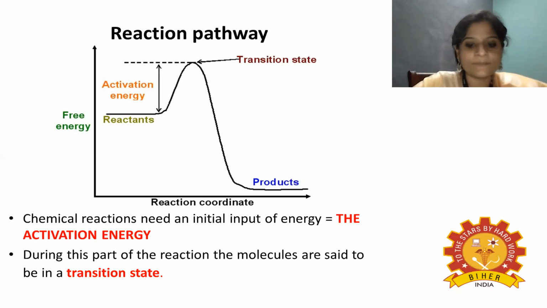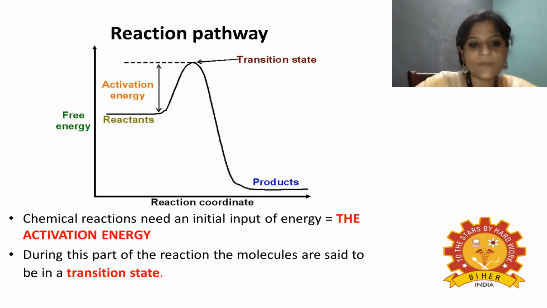The bond between hydrogen and hydrogen needs to be broken, so for that we need activation energy. This activation energy is the amount of energy required to break that hydrogen-hydrogen bond, so that the hydrogen molecule will go and bind to oxygen. So it will be easy for the hydrogen molecule to bind to the oxygen. This is how the reaction is represented graphically.